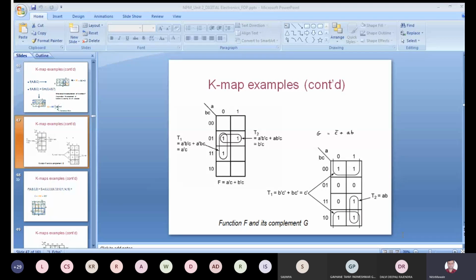Then note down cell numbers 0, 1, 3, 2, then 4, 5, 7, 6, 12, 13, 15, 14, then 8, 9, 11, 10. For each max term, you should enter 0 in the corresponding cell number: 0, 3, 5, 6, 7, 9, 11, 13 and 15.